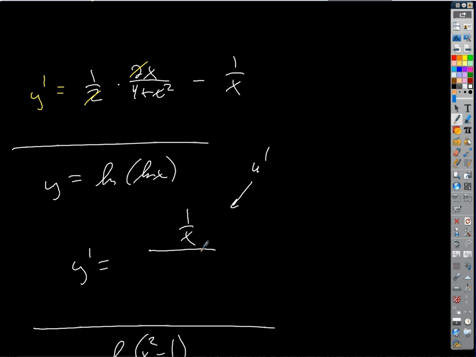And what's on the bottom, right? So if I were to simplify that then, that's like saying 1 over x times 1 over log x, right? Make sense? Okay.